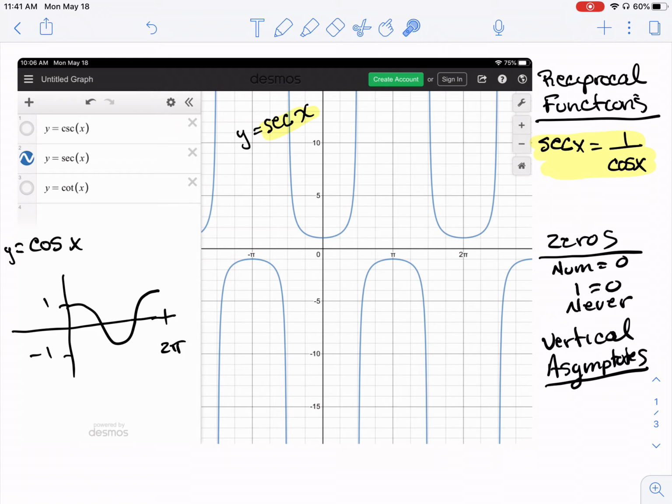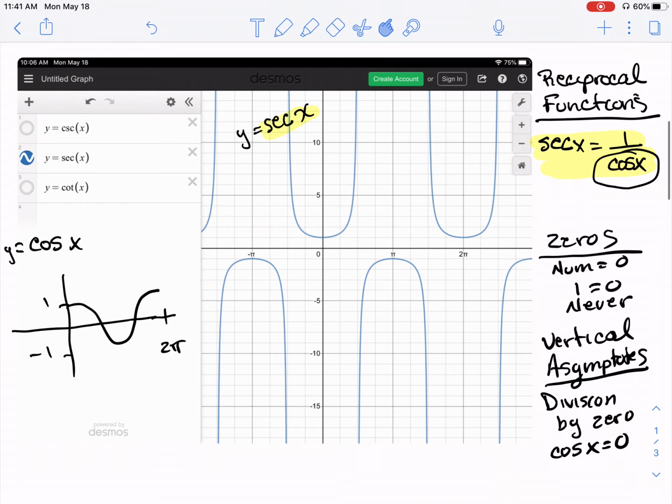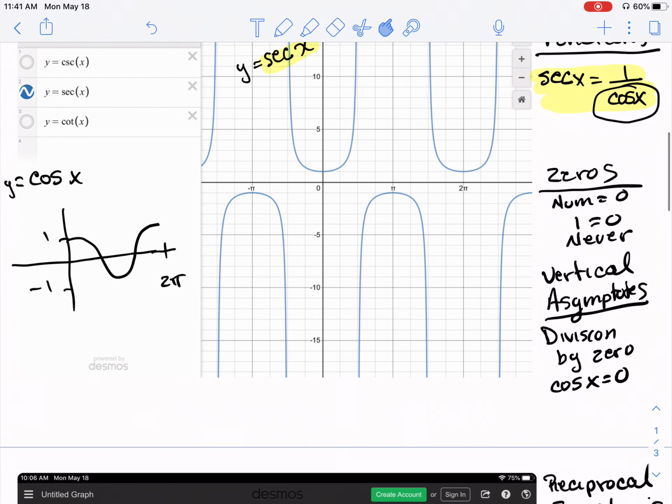Vertical asymptotes, continuing with our techniques, occur where we have division by 0. So on this problem, we're dividing by cosine x. Any x value that would make that cosine equal 0 is going to cause a vertical asymptote. So again, I sketch a quick little sketch of a unit circle.